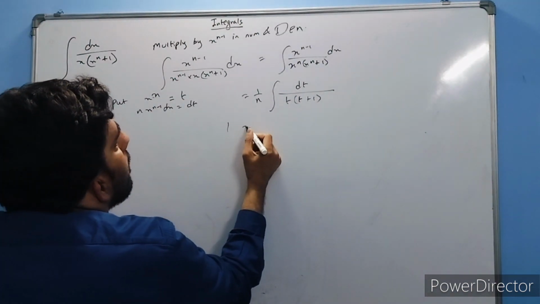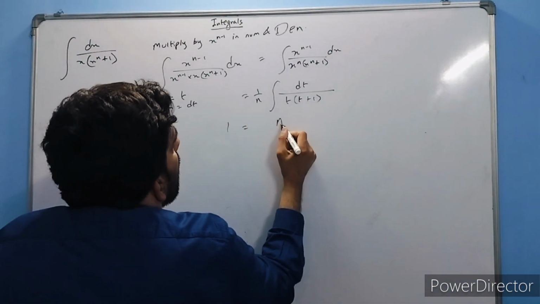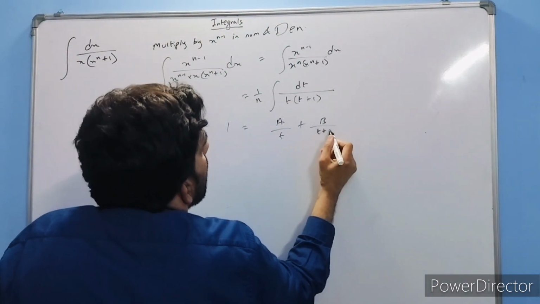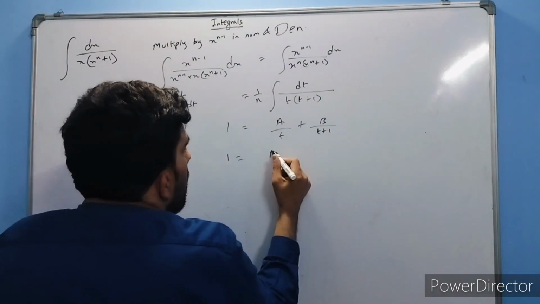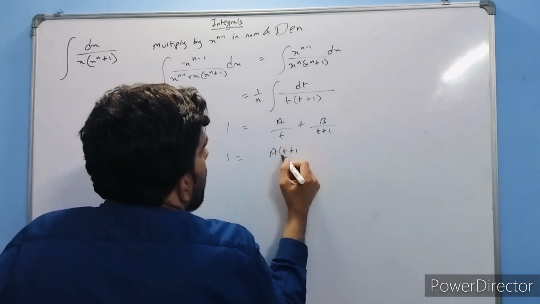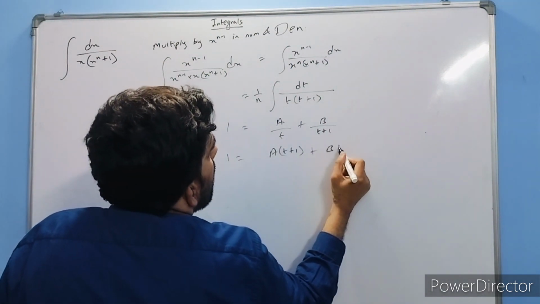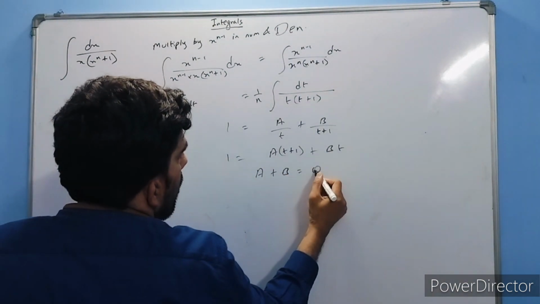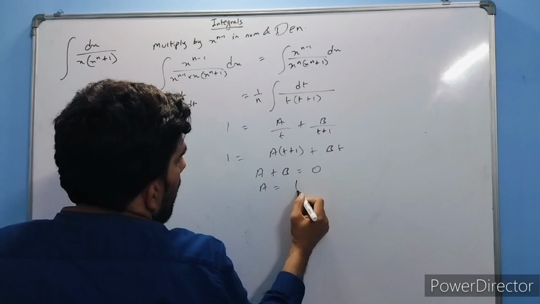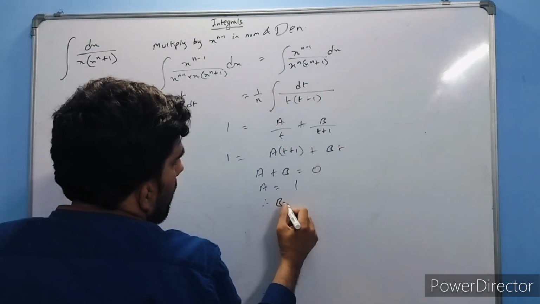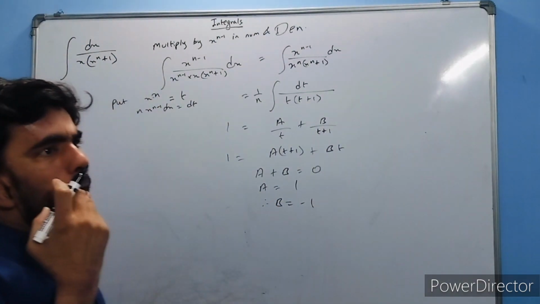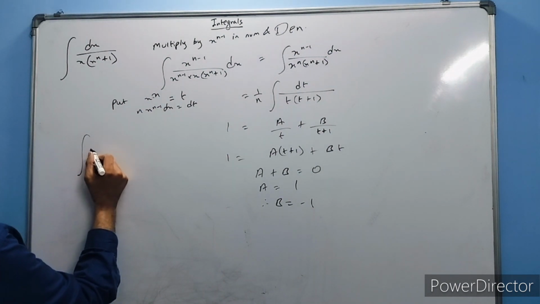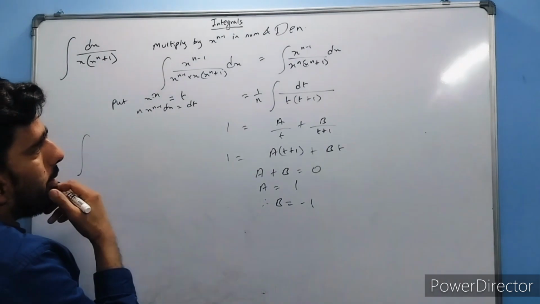Okay, so now I can put the value here, a upon t plus b upon t plus 1. So now I got a(t plus 1) plus b t. So I got a plus b is equal to 0 and a is equal to 1. So therefore b is equal to minus 1. Okay, so now let us try to solve this. That is, a we have 1.